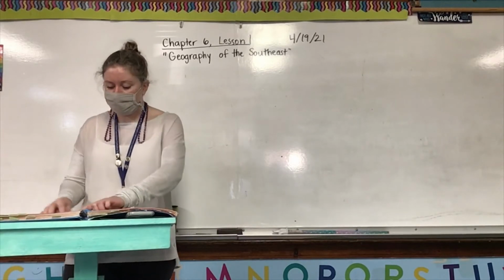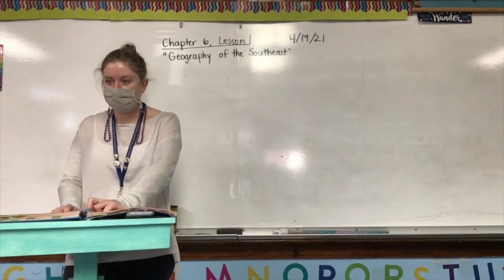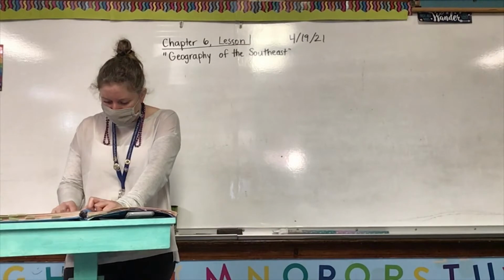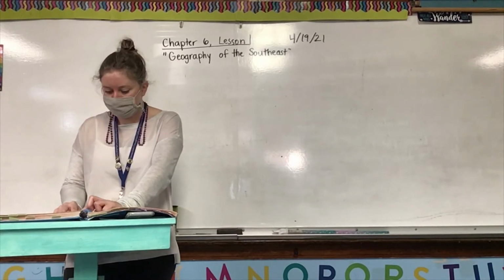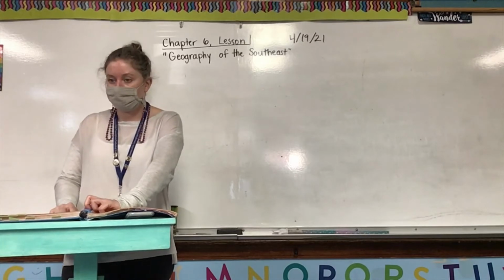So you can see, if you put your finger at the top of Florida on the Atlantic coast, all the way down to where the Florida Keys are, that is how long the Atlantic border of Florida is.